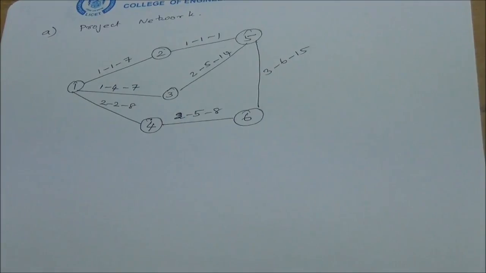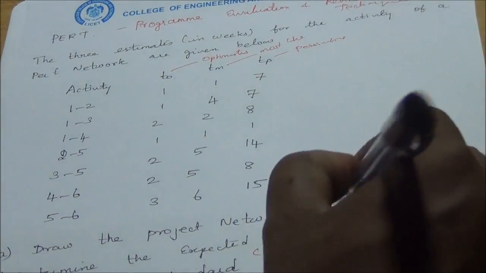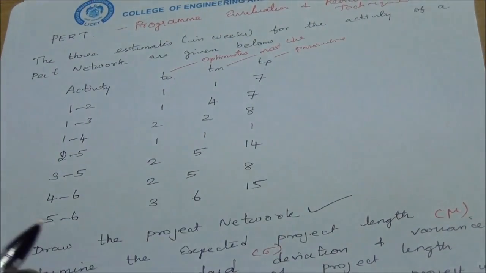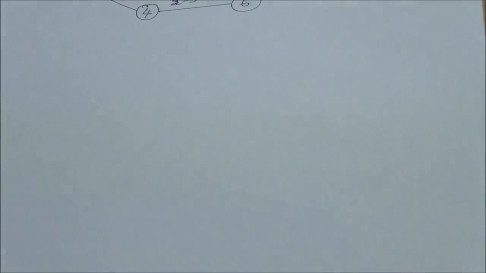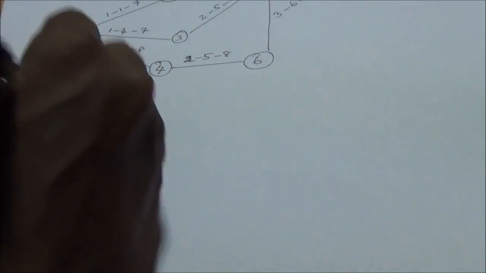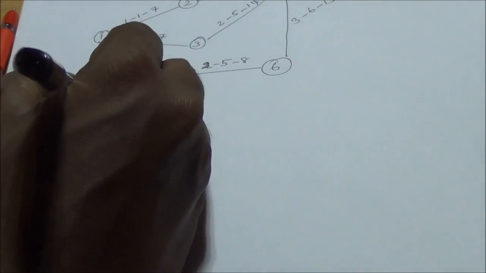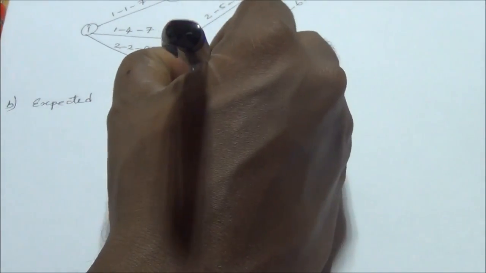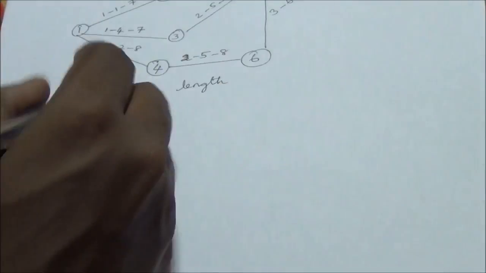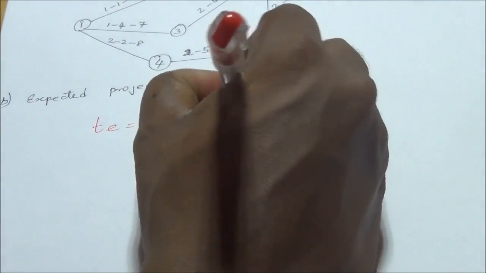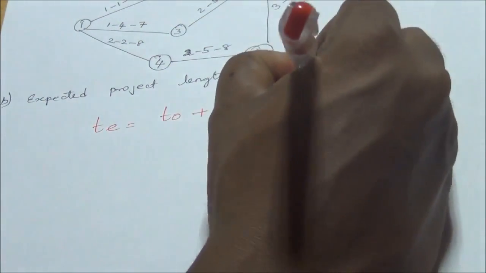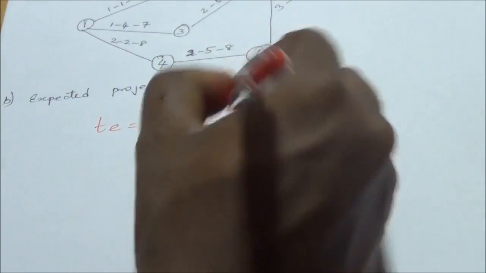We have drawn the project network, and the second step is to determine the expected project length. To identify it, we use two formulas. The first is TE equals TO plus 4 TM plus TP, divided by 6.